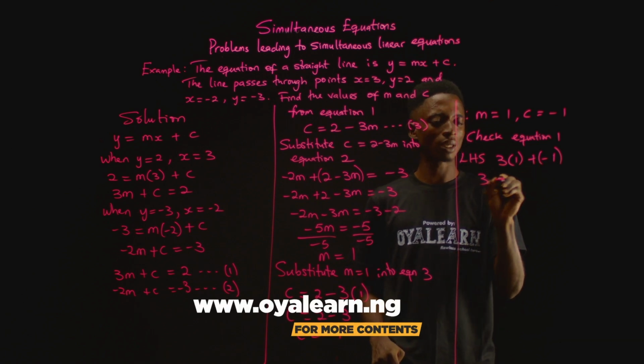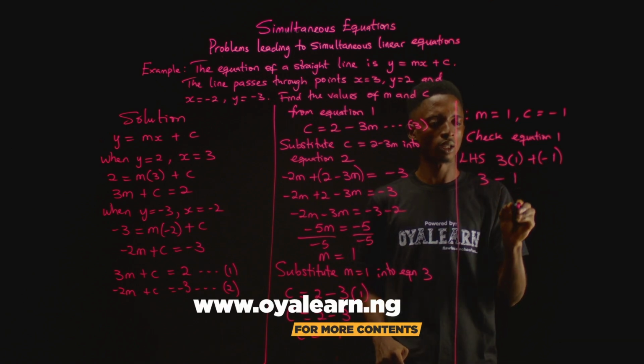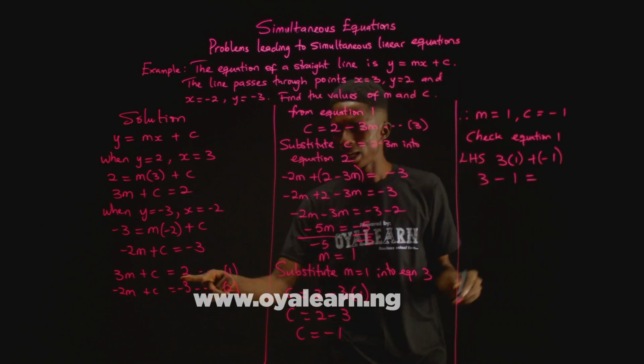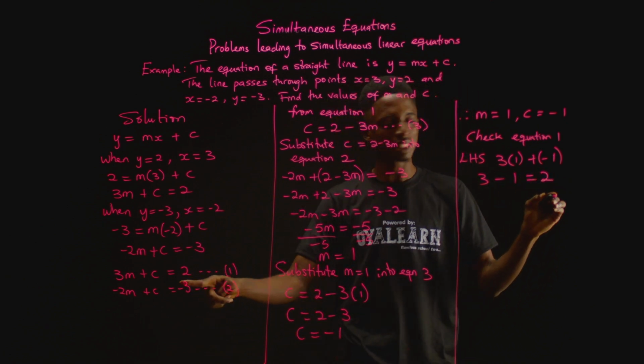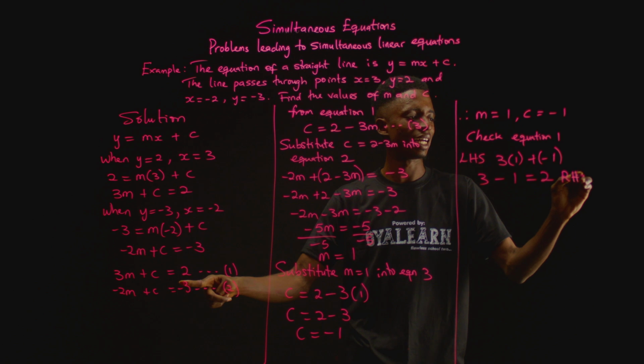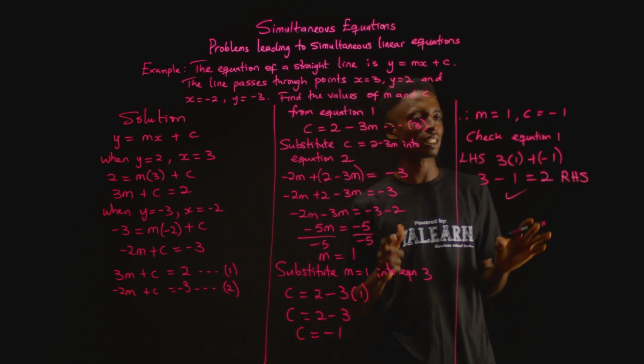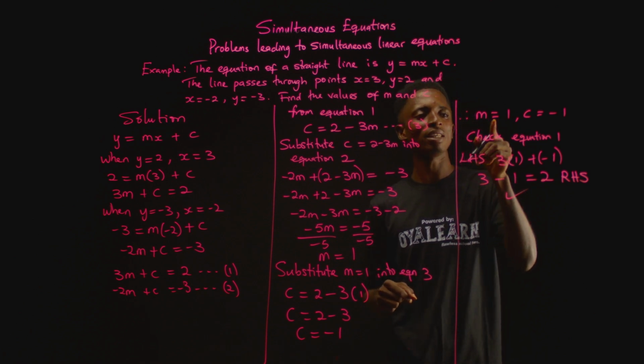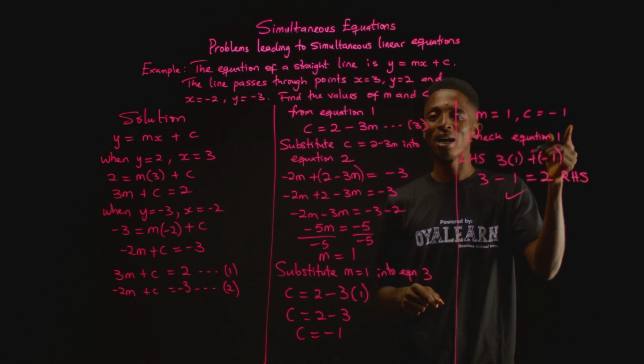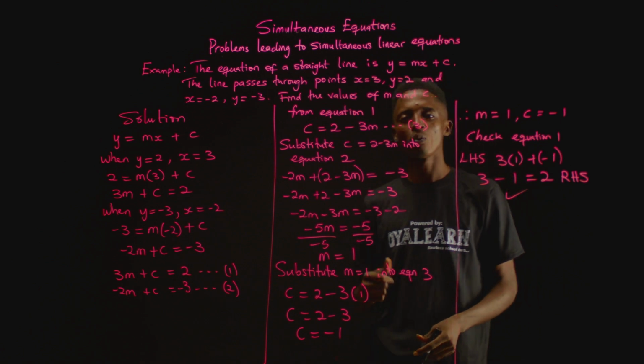Plus times minus, and we get minus 1, equals 2, which is consistent with our right hand side. Therefore, our answer that we have gotten is correct, stating that m is 1 and c is minus 1. This is how we solve this problem.